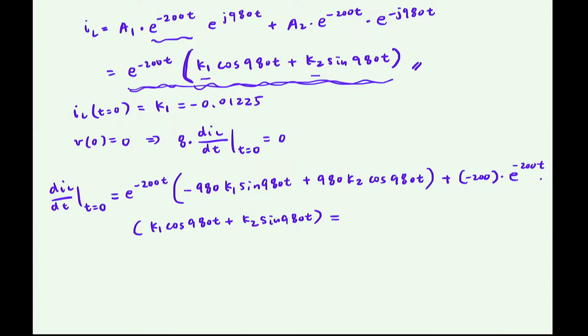All the cosine terms are equal to 1, so that we have 980 K2 minus 200 K1 equal to 0. Okay, so from that we can calculate K2.